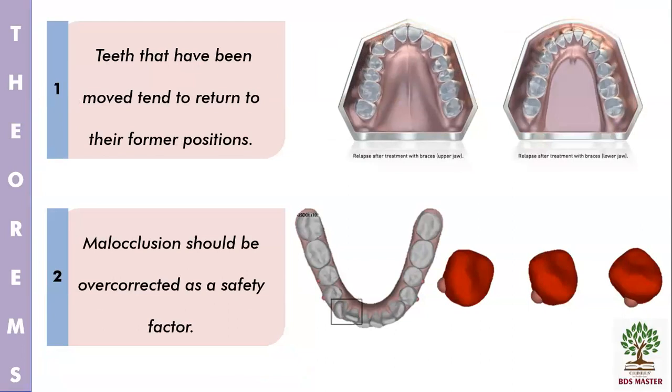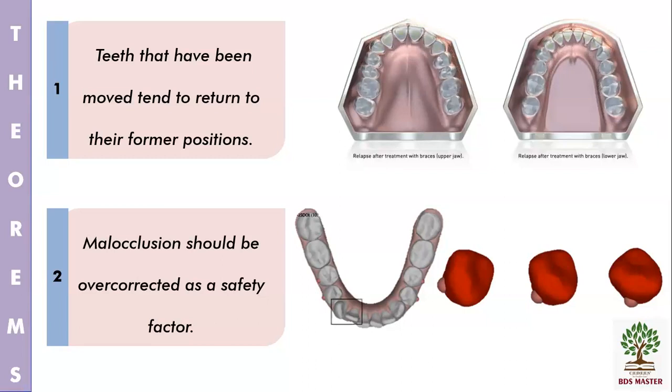So that if the treatment relapses, it would still not get to the severe position, right? And this overcorrection as a concept was given by Roth. Roth also believed in the concept of overcorrection. Roth is one of the pre-adjusted edgewise systems, a fixed orthodontic technique, and this was propagated a lot by Roth's technique. So this is the third theorem.